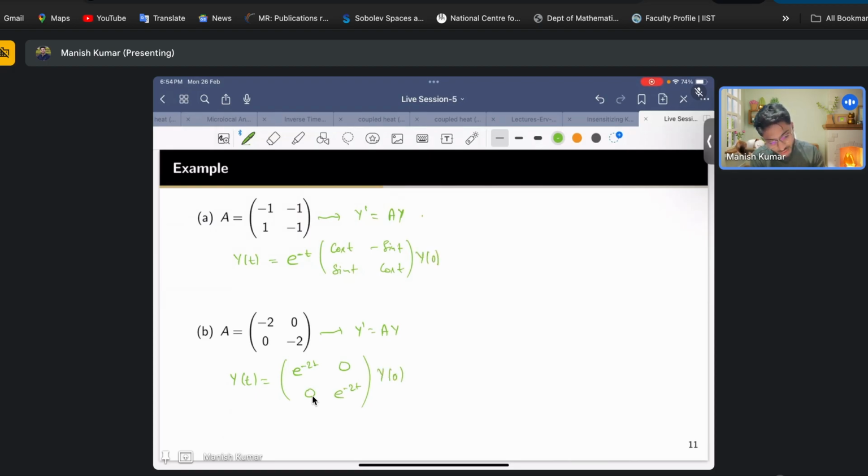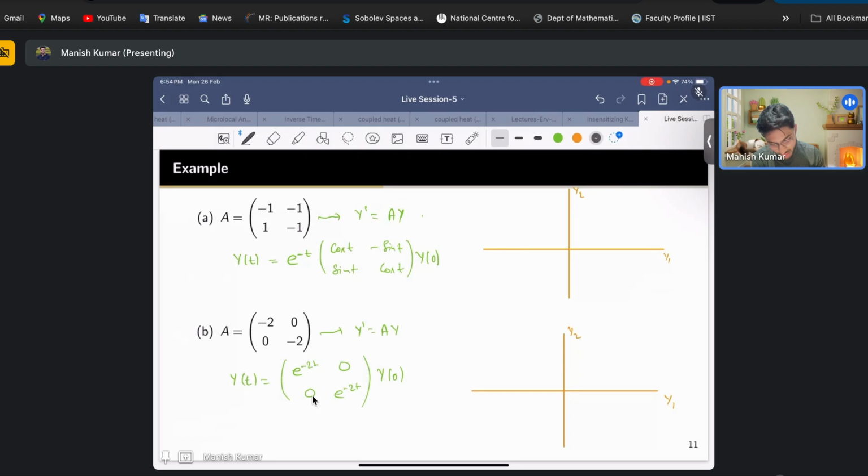Now if you try to draw the orbit, what you get is this kind of curve. Suppose this is y1, this is y2. Here you will get a spiral kind of thing.